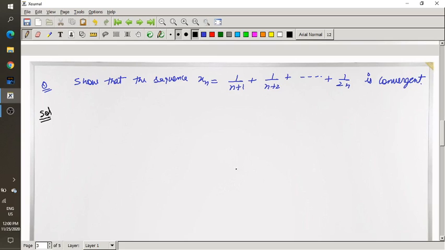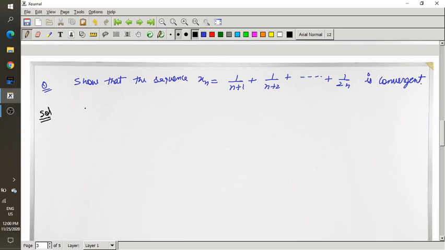So first of all we will check whether this sequence is monotonically increasing or decreasing. If it is monotonically increasing, then we will check whether it is bounded above or not, right? If it is monotonically decreasing, then we will check whether it is bounded below or not, right? If both the conditions are satisfied, then we can say that this sequence is convergent.